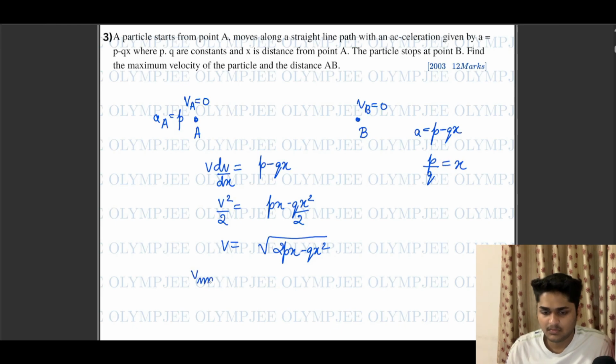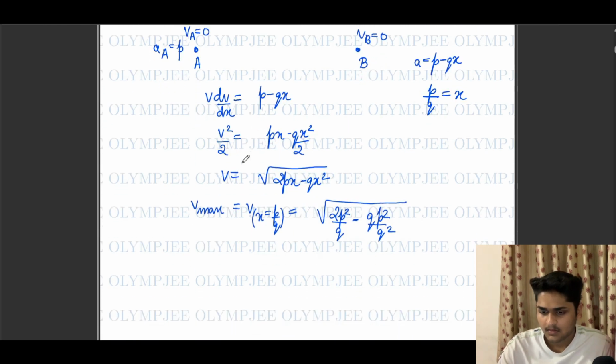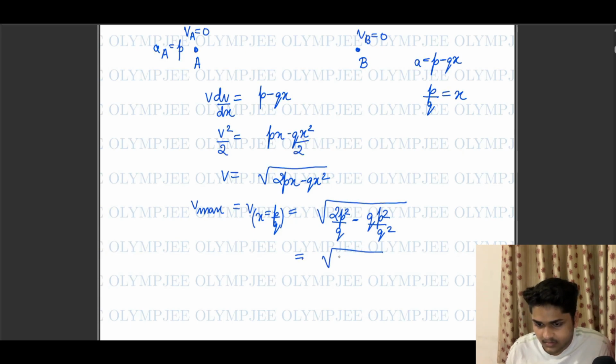Putting p by q here, we get p square by q minus p square by 2q, which is p square by 2q.